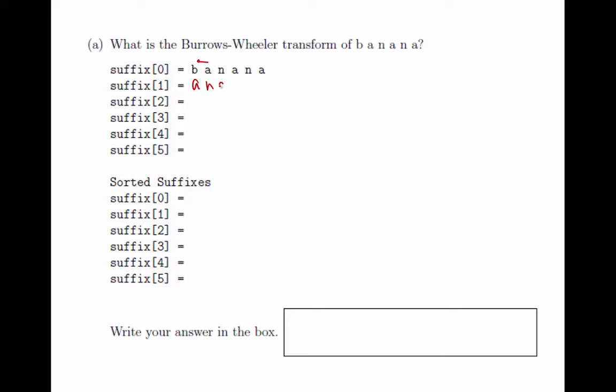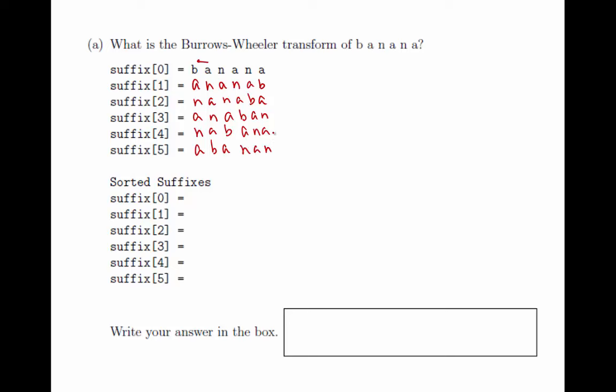We'll get the first suffix to be ANANAB, the second one to be NANABA, the third suffix to be ANABAN, the fourth suffix to be NABANA, and the fifth suffix to be ABANAN.